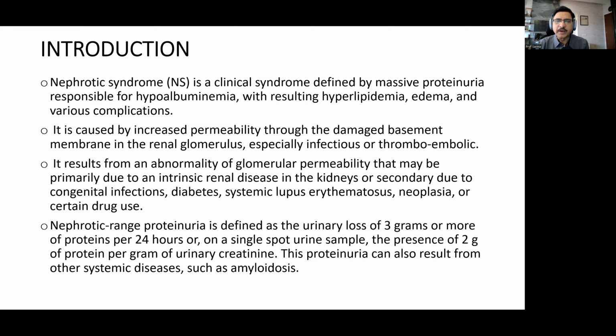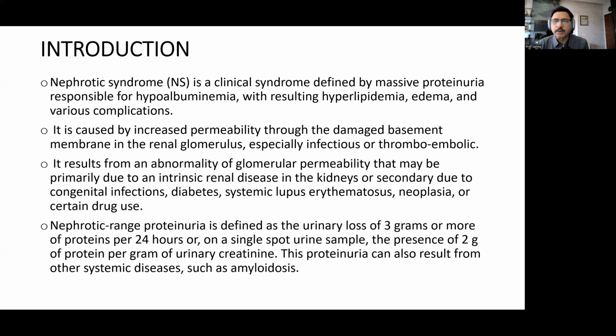And then what is nephrotic range of proteinuria? Minimum of 3 grams of protein or more in 24 hours. Or who is going to measure 24 hours? Easy to measure a single spot urine. In that you must get 2 grams per gram of urinary creatinine. So that means at least 2 by 2, or more.